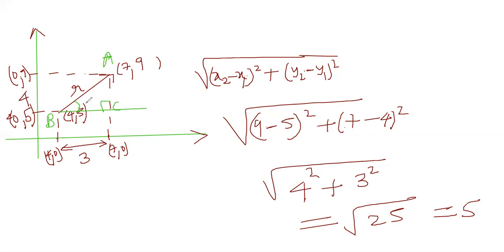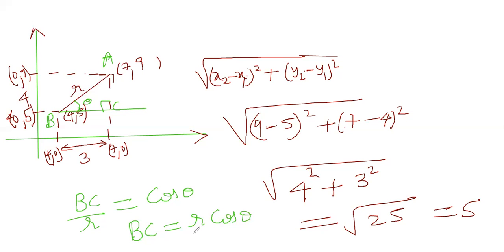If you know this theta, then what would that BC be? We can know it by adjacent side by hypotenuse. BC by R is equal to cos theta. Do you agree? So BC would be R cos theta. Is it or not?